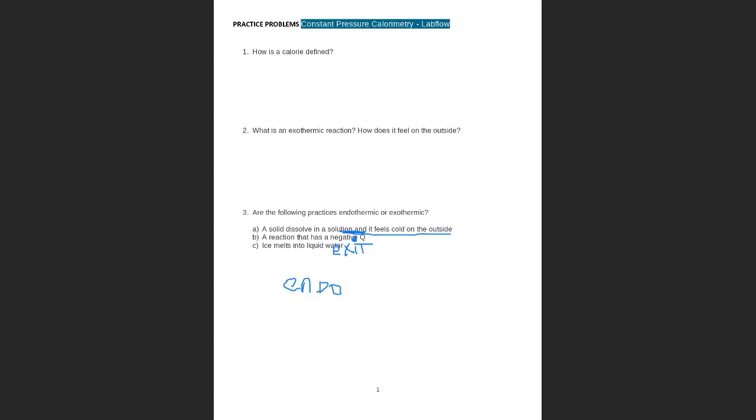And then let's look at these problems. If you have a solid that dissolves in a solution and it feels cold on the outside, is it exothermic or is it endothermic? Endothermic. Yes, awesome. Endo. How about a reaction that has a negative Q? Is it exo or endo?